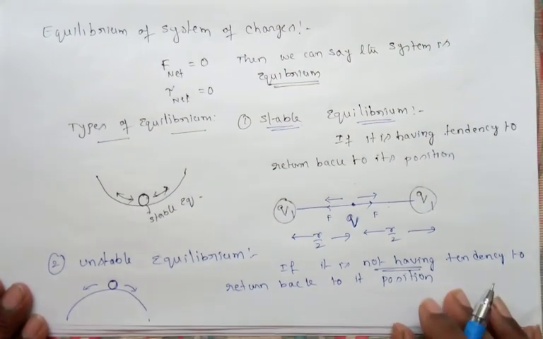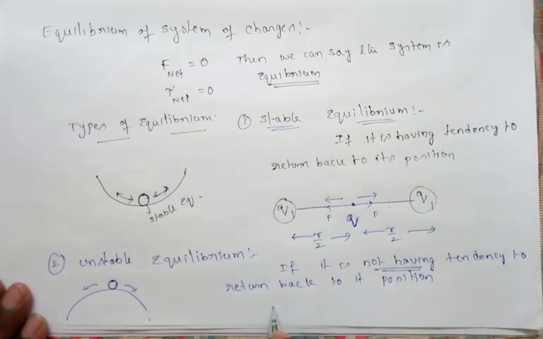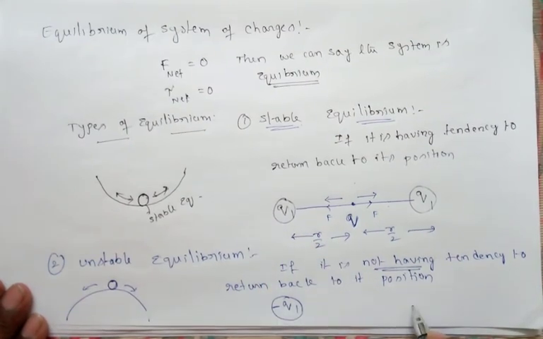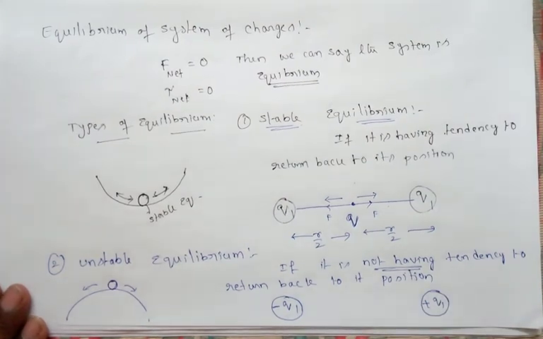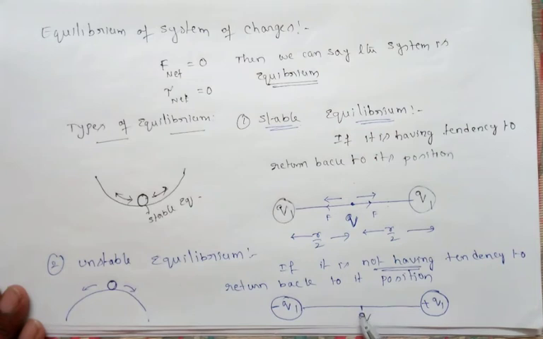Let us take one charge as minus q1, and another one as plus q1. Now here you have a charge q. At this instant it is in an equilibrium position.